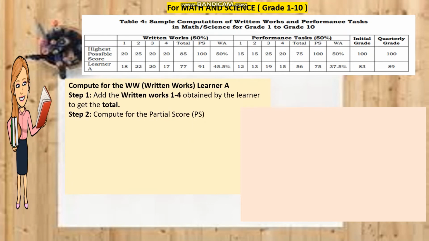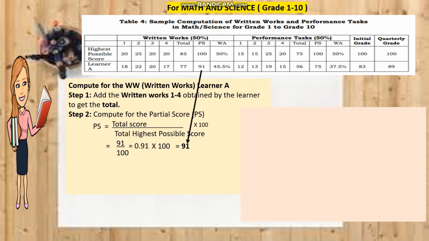Compute for the partial score. Partial score is equal to total score divided by total highest possible score multiplied by 100, equals 91 over 100, and the answer is 0.91. 0.91 multiplied by 100 is equal to 91. Partial score for the written works.